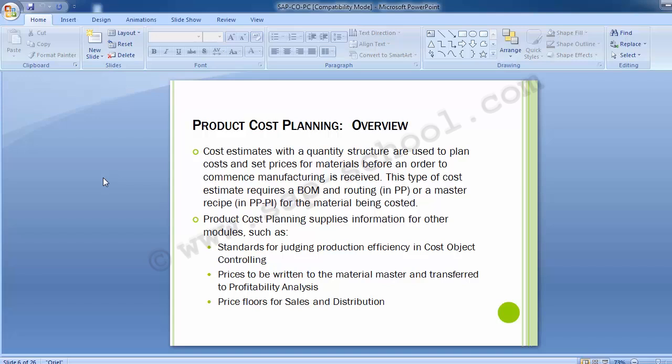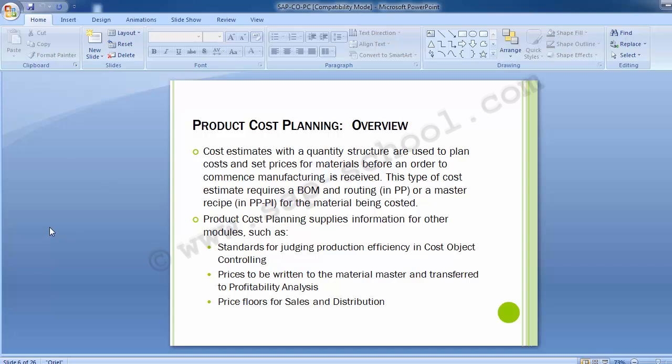So the PP module is used as a part of the planning of the production. Product cost planning supplies information for other modules as well, such as standards for judging production efficiency in cost object controlling, prices to be written to the material master and transferred to profitability analysis, and price floors for sales and distribution.